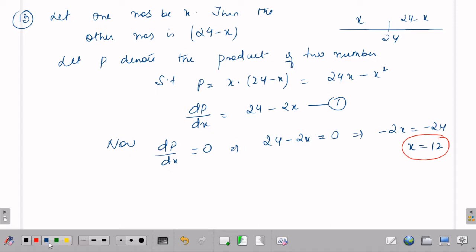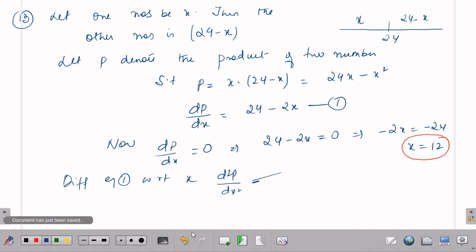Then I have to differentiate again to see whether this is a maximum or minimum. So differentiating equation number 1 with respect to x, I get d square p by dx square equal to minus 2. Now minus 2 is less than 0.